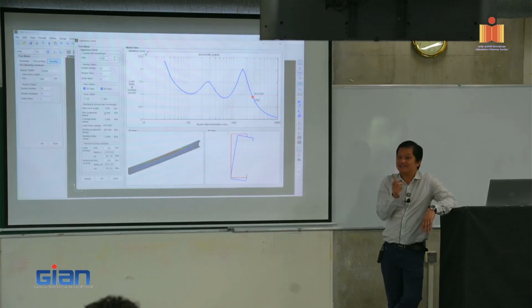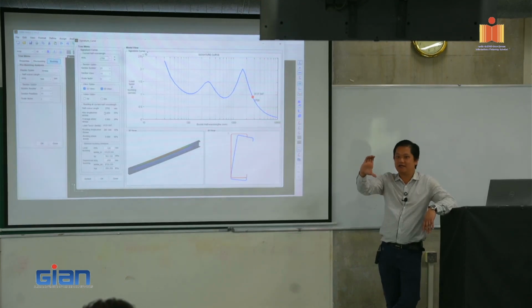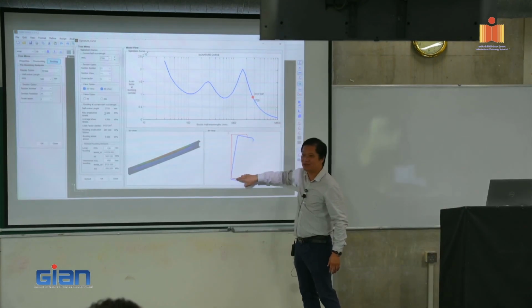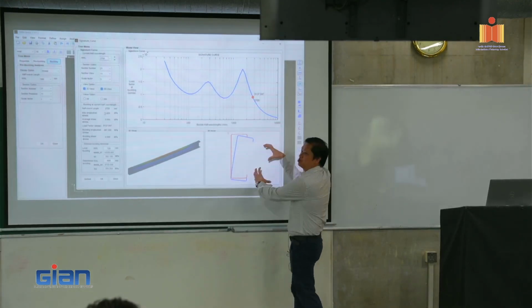Look at the cross section. What happened to the cross section? There's no distortion. It's just 100% there. It just twists and turns. You see that? C-section, exactly the same as this one. It's just moving out and twisting.